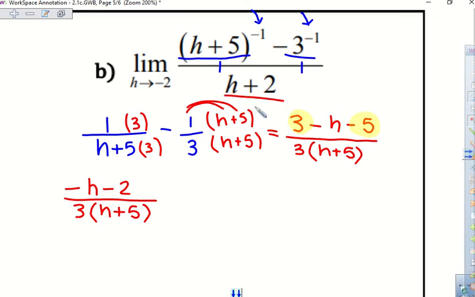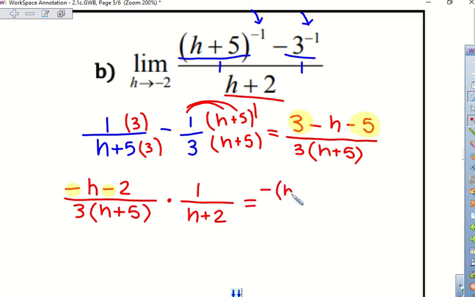And then as for the denominator, it's technically over 1. So do you remember keep, change, flip? So this is going to be times 1 over h plus 2. Now we're going to go ahead and factor out the negative here and here.